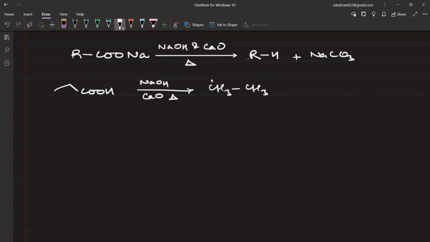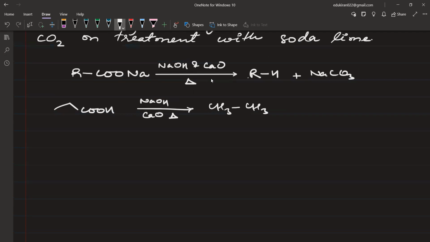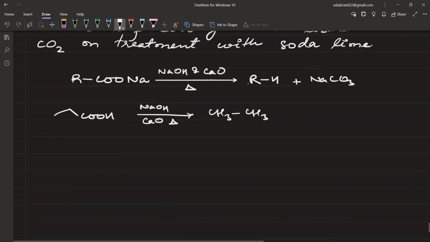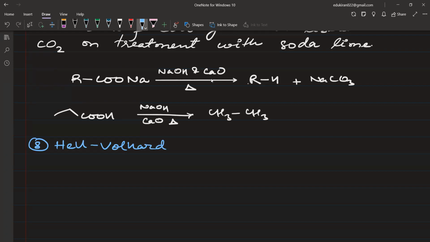Right, next. This is important. Hell-Volhard-Zelinsky reaction. This will be eighth reaction.